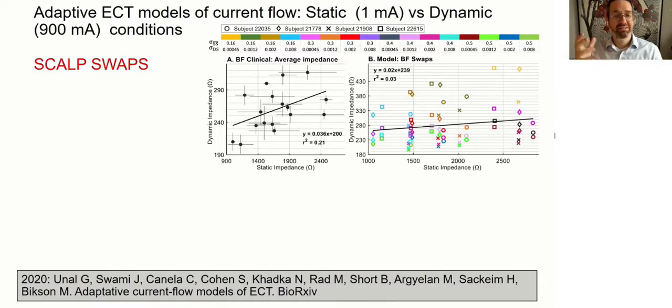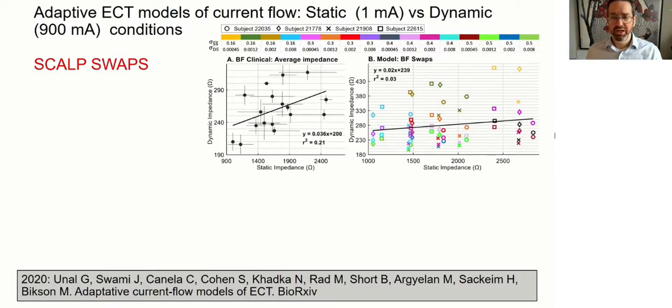So these are synthetic heads where different skulls, different heads are being plastered with different skin properties. And what you see is you get this distribution. There's maybe a very weak correlation between static and dynamic impedance, but just like in the clinical data, there's also a very wide degree of dispersion. And the question is, where does this dispersion come from?